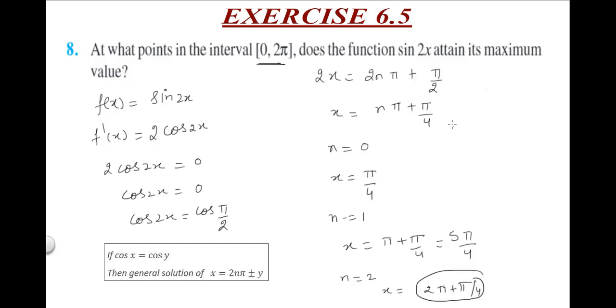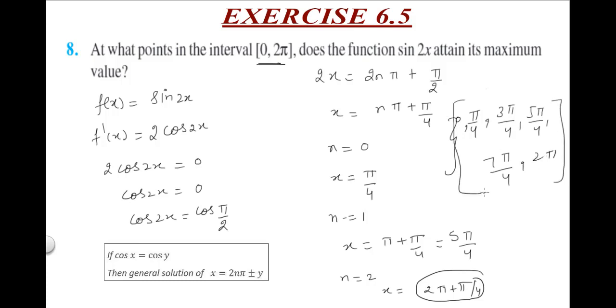Also, just see carefully, we can have pi by 4, 3 pi by 4, 5 pi by 4, 7 pi by 4 as the critical points, including 0, 2 pi. So at these values you are going to check and see where you are getting the maximum, as only for maximum value we have to check. So out of these values we will place them in the function and check on which point we are getting the maximum value. Clear?